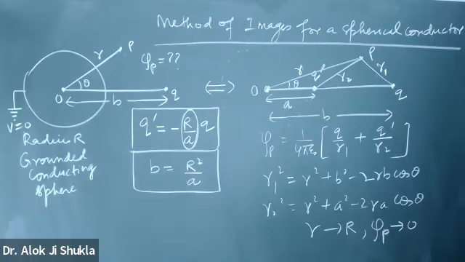Sir, A should be less than or greater than R? Capital A, small a. A will be less than capital R. Sir, A should be greater than capital R, no? A, just wait a second. Where that thing will come?